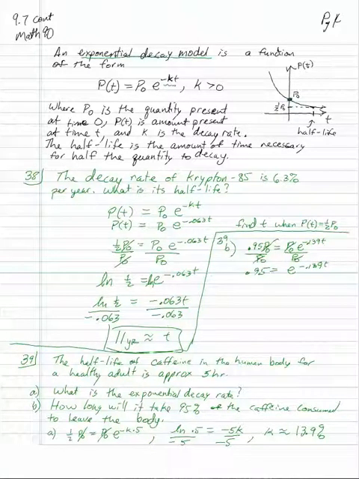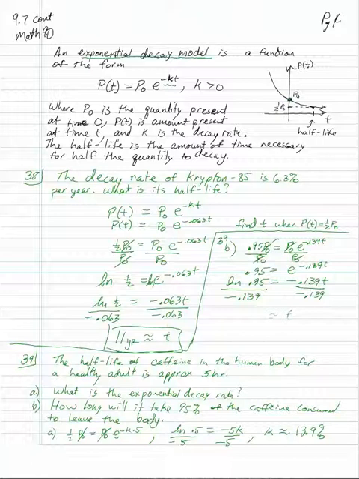Then we take ln on both sides. ln 0.95 equals negative 0.139t, remember ln and e cancel each other. Now divide by the negative 0.139.